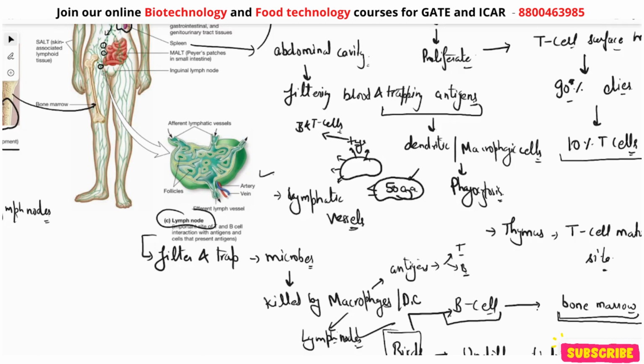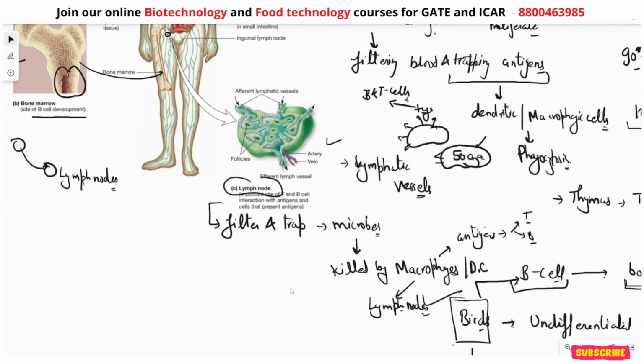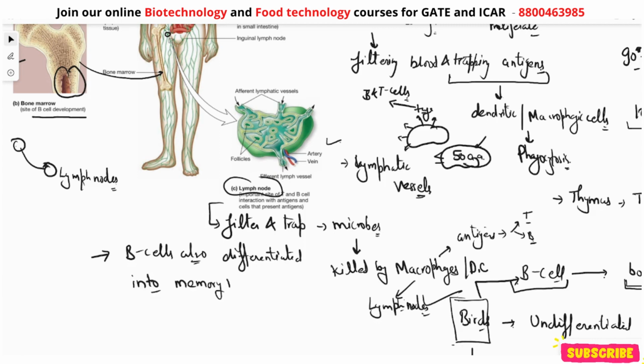At this site, in the lymph node, B cells differentiate into two types: number one, memory B cells; second, antibody-secreting plasma cells.